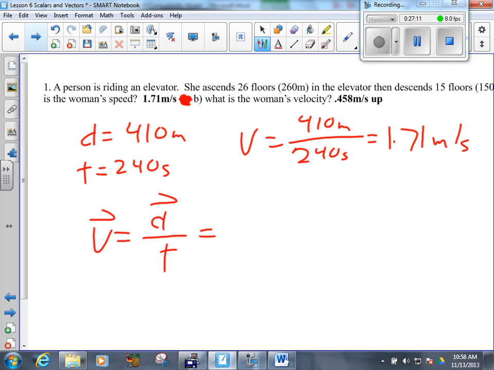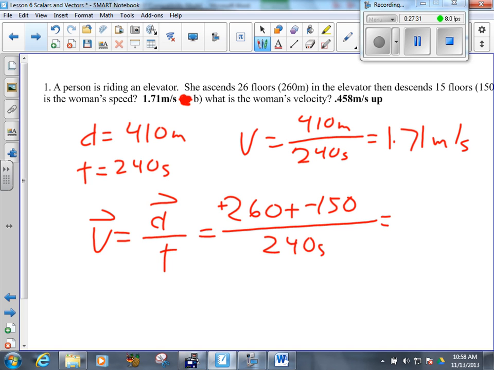To calculate the displacement, 260 up, that's positive, plus 150 down, so that's negative. You probably just subtracted them in your head, over the total time, 240 seconds. So 110 meters up over 240 seconds should give me 0.458 meters per second up. She still ends up above where she started, so her velocity and her displacement are both still up.